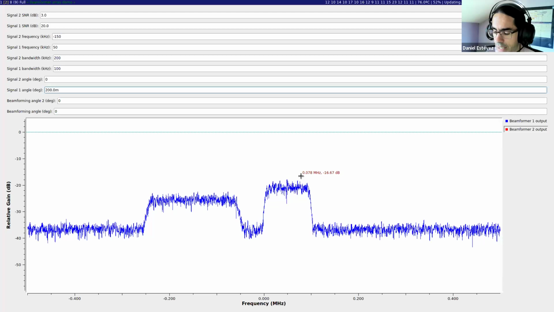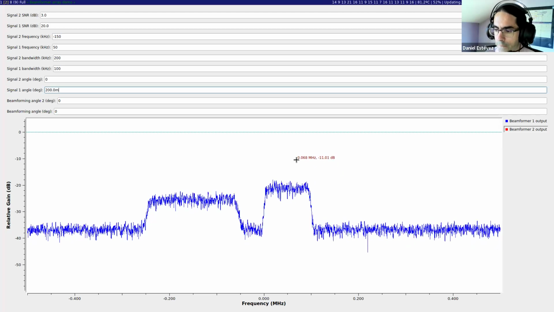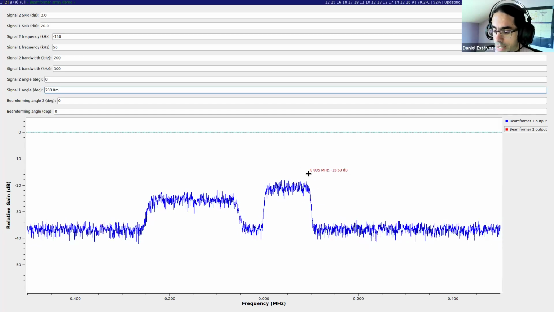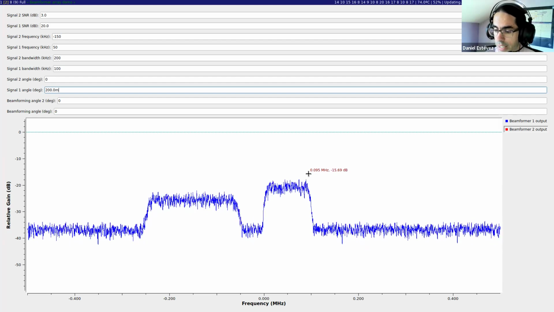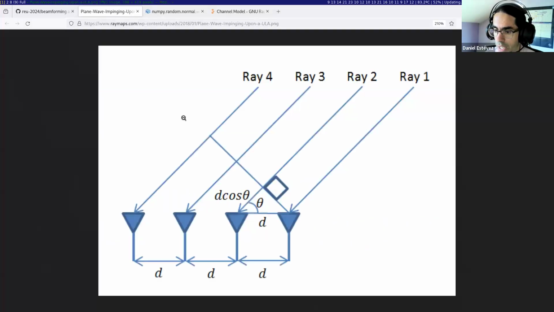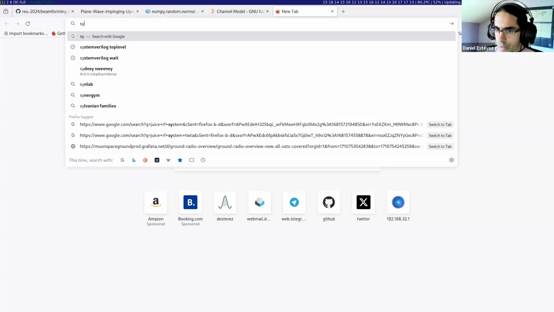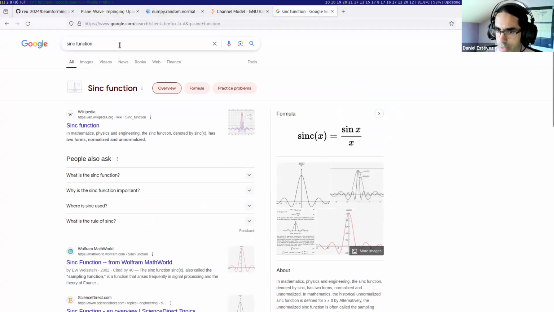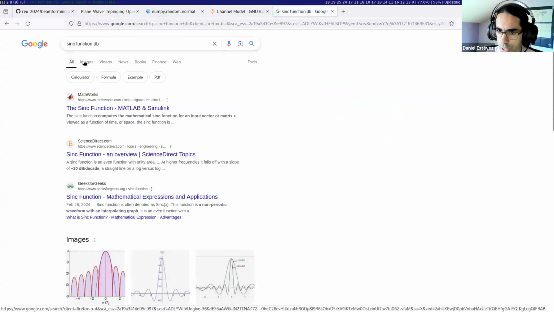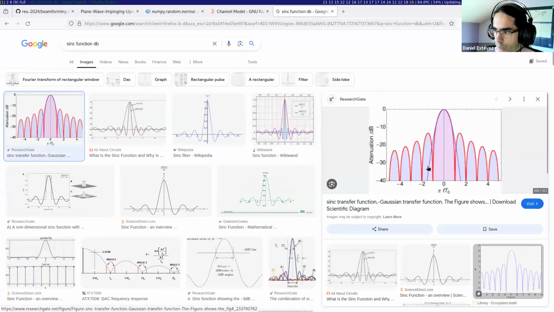And the amplitude we get is called the synthetic beam pattern, and it depends on the shape of the array. This is the most simple example of an array. The amplitude we get is basically a sinc function, which in dBs looks something like this.